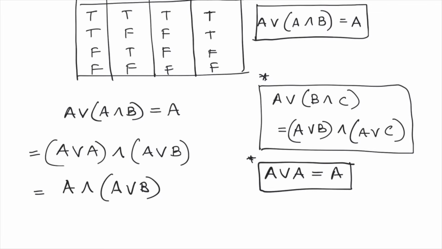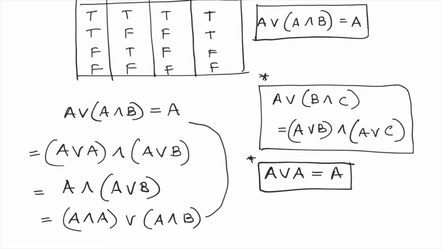Now at this stage you're stuck because our current expression looks similar to the one we started with. If I apply the distributive property once again, we have (A and A) or (A and B), and you are coming back to the original expression.